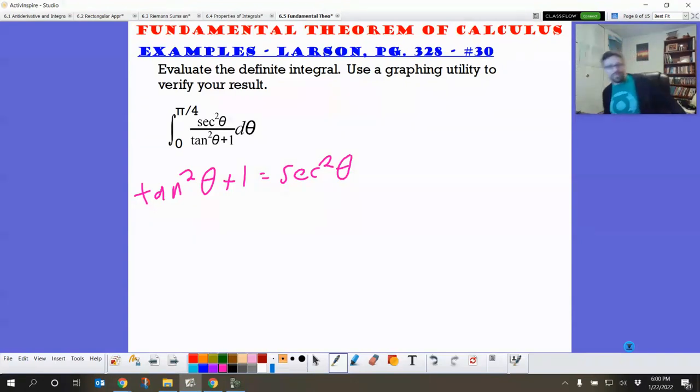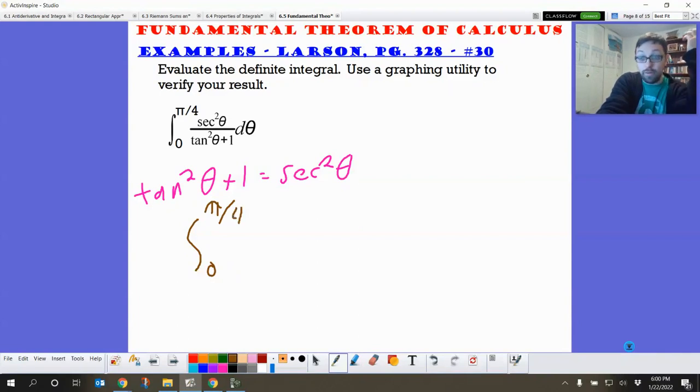You're so helpful. So we could rewrite this, instead of all this gobbledygook, as the integral from 0 to pi over 4 of secant squared theta over secant squared theta.